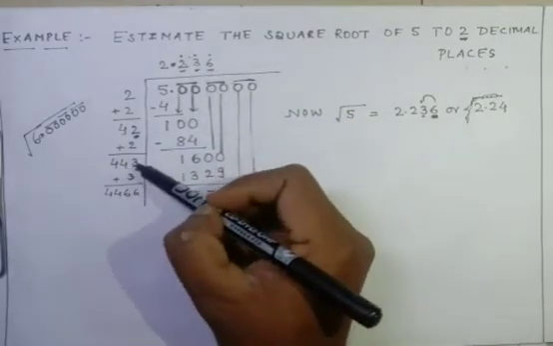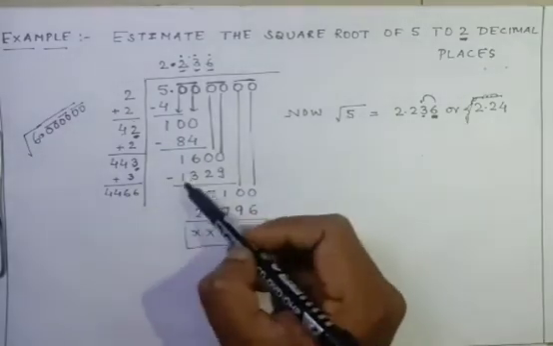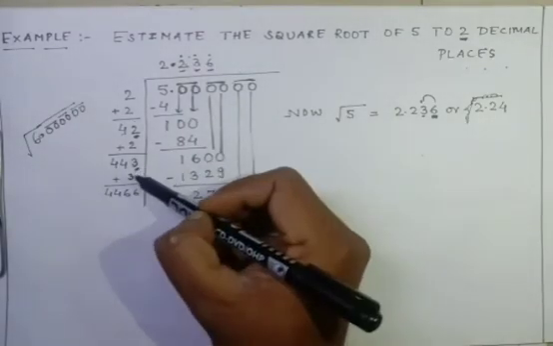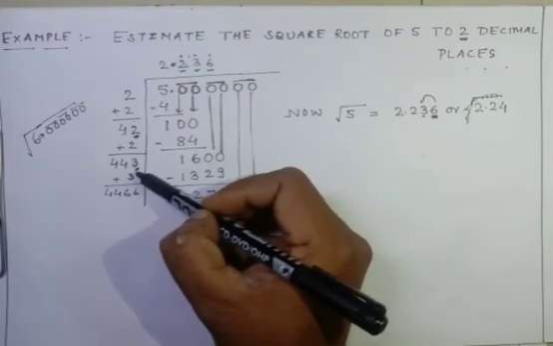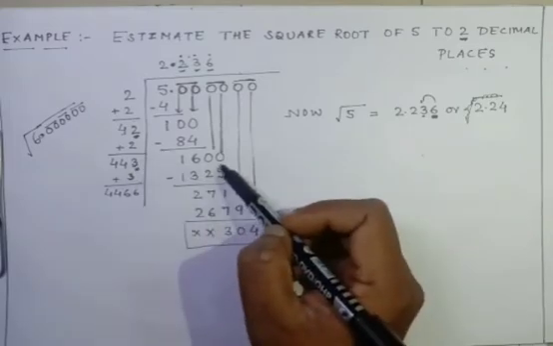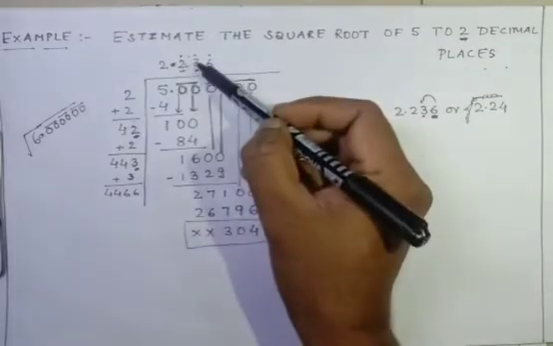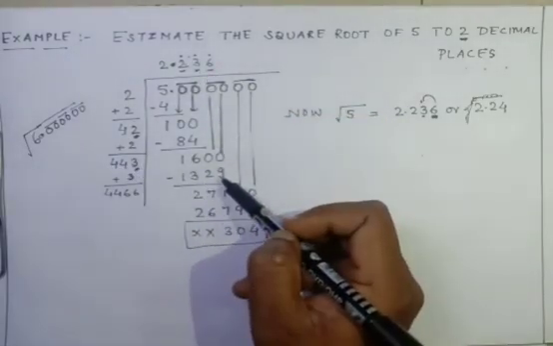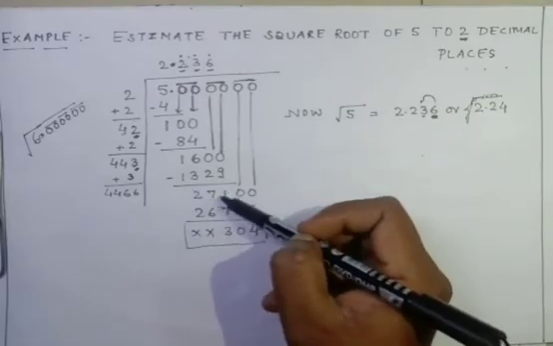Now 443 into 3 is equal to 1329, which is less than 1600. If I am going to take 4 over here, then it will be greater than 1600. So that is why I have taken 3 over here. So 443 multiplied by 3 gives 1329. So the remainder is 271.